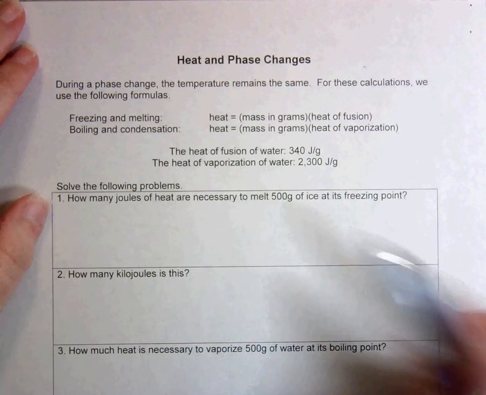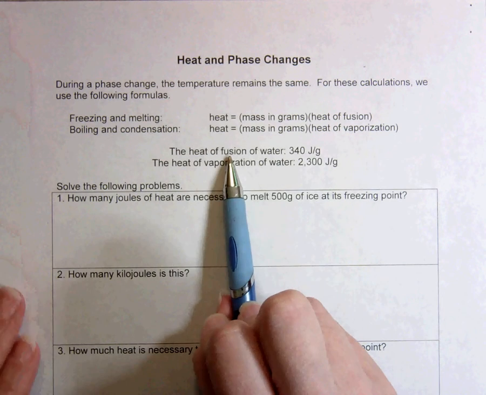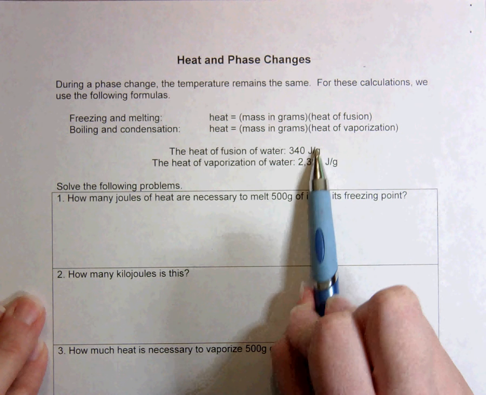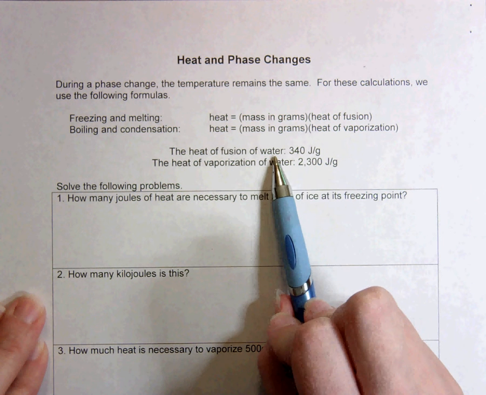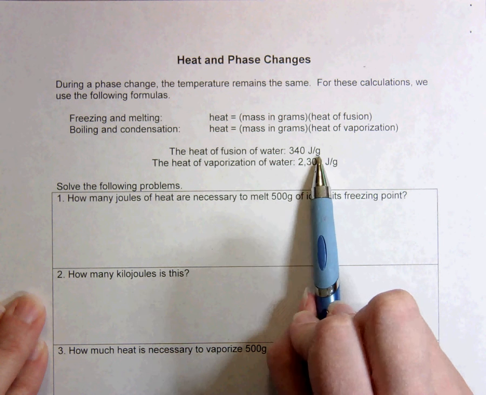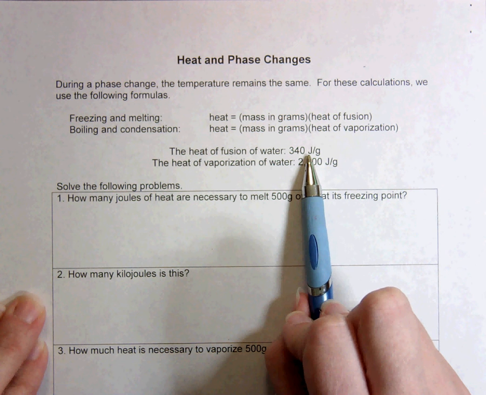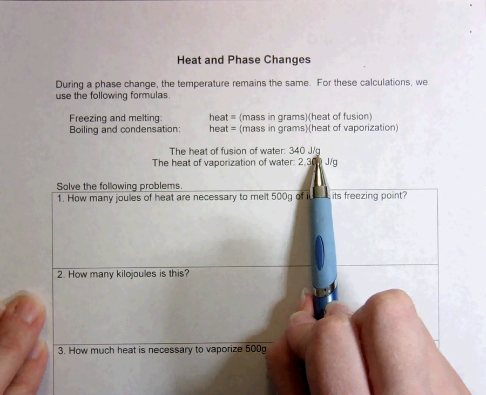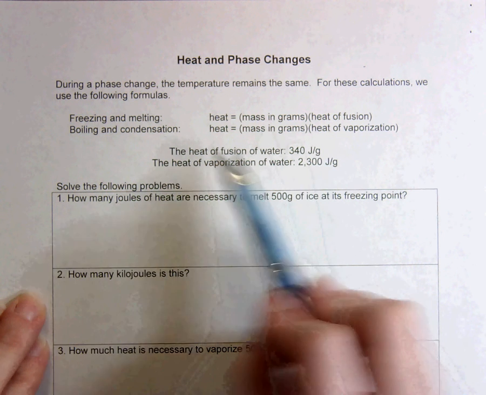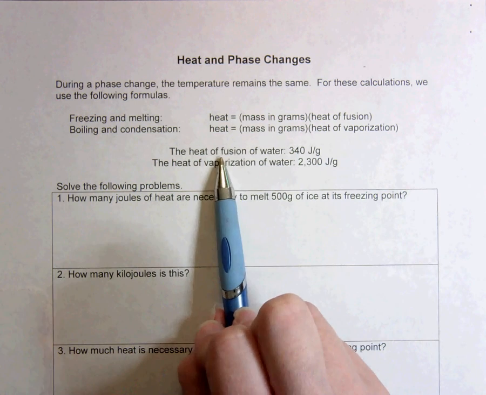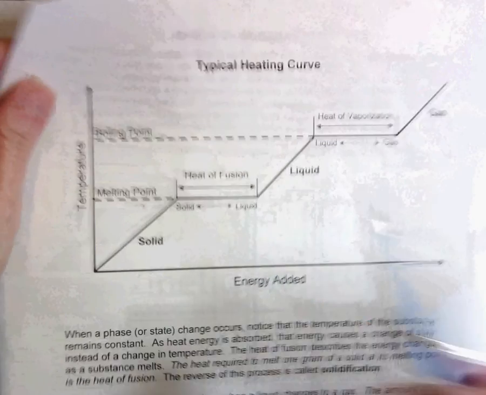Now, this heat of fusion tells us that for every gram of water that we have, it takes 340 joules of energy to change that 1 gram from a solid to a liquid, because we're talking about heat of fusion here, which is at our melting point.